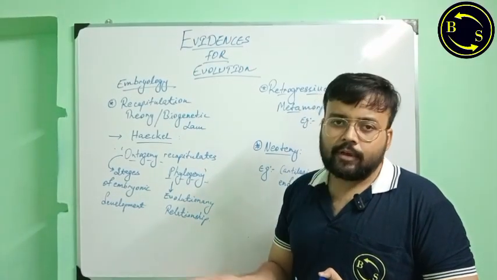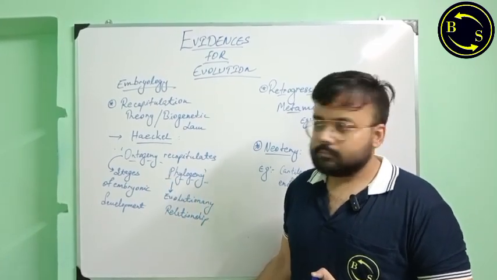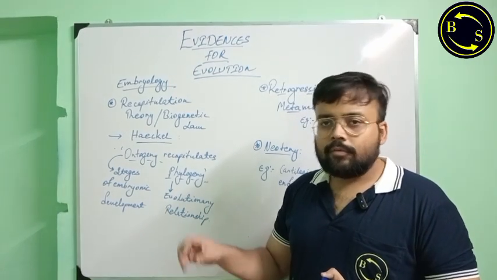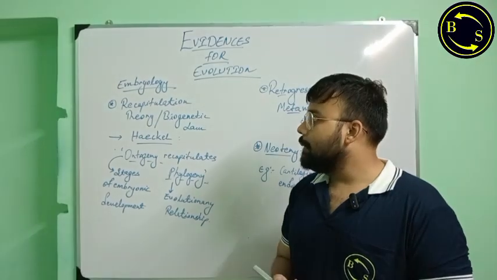The sequence of evolution from eukaryotes to non-chordates to protochordates to chordates. Embryonic development remembers that, follows that, reenacts that. Hence it is known as recapitulation theory.